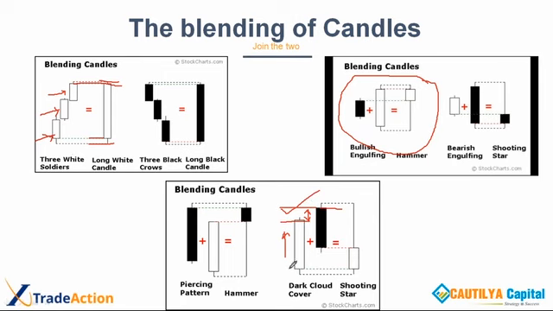So what do we do? We take the open of the first candle, the low of the combined two candles, the high of the combined two candles, and the close of the two candles. Finally, the open to close becomes our body, and the remaining points we just join to get the wicks. That is how the combining happens.